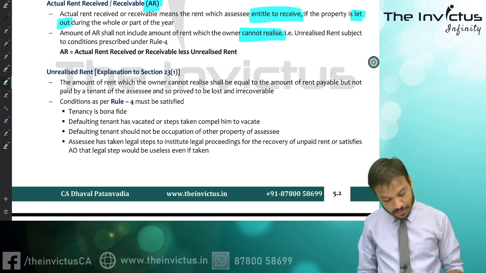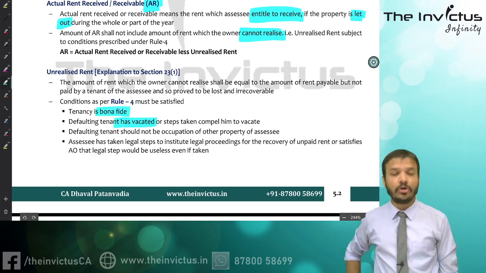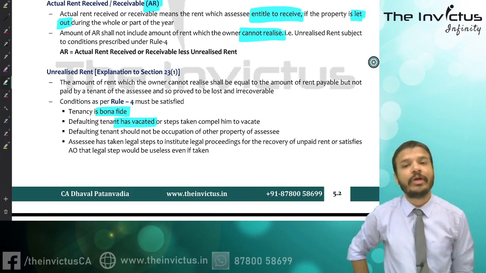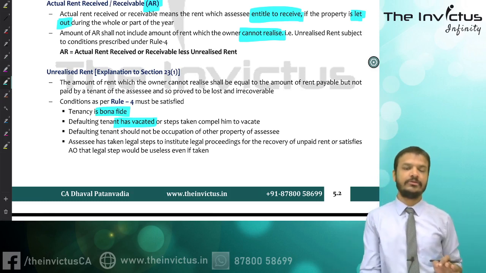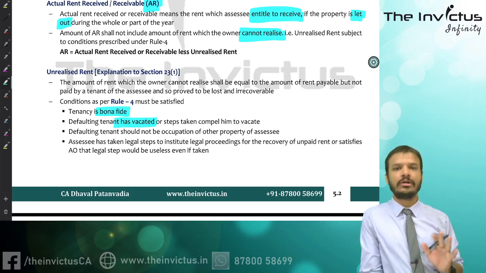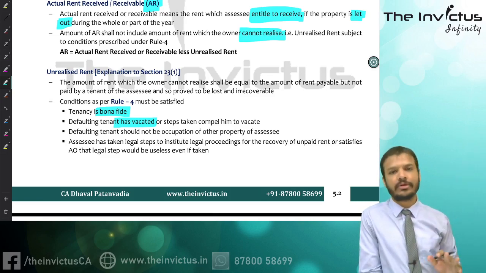Second, the defaulting tenant has vacated, or steps have been taken to compel him to vacate the property. First thing, tenancy must be bona fide, there must be a proper rent agreement with all the terms and conditions mentioned in it. So we can say tenancy is bona fide.